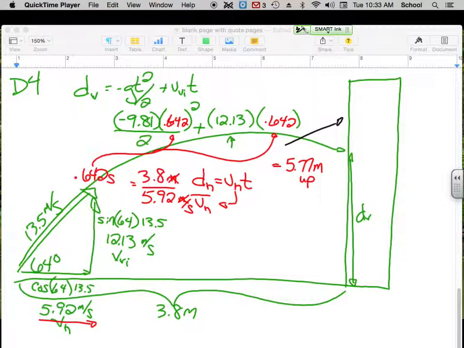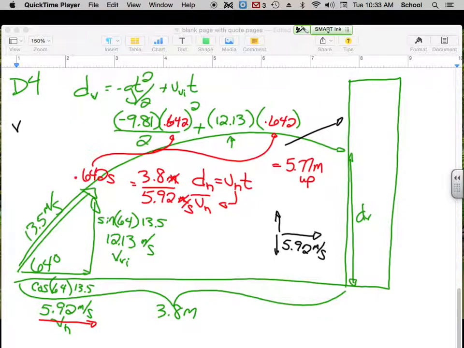We have to actually do some math here. So again, I know that horizontally, the whole time it's going to go 5.92 meters per second. And then I got to find a vertical component. So it's either going to be still going up or coming back down. So how do I find a vertical component?